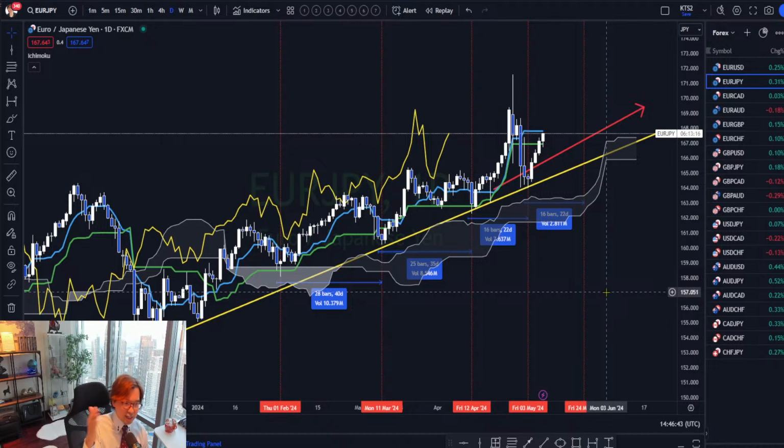Then you can create the scenario in the future, roughly which day the market may turn, which day the market may bounce on the trend line, like today's example, or which day the market will be resisted or retraced on the resistance or the support levels based on the time cycles.